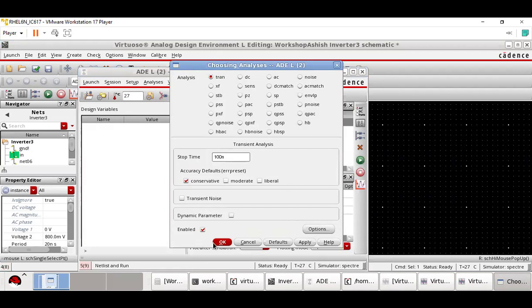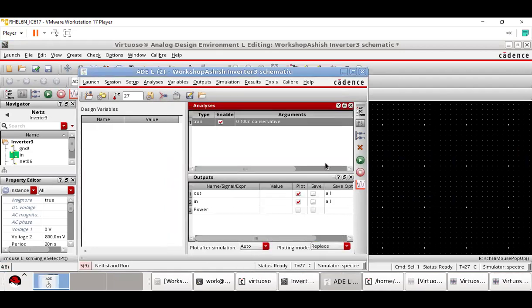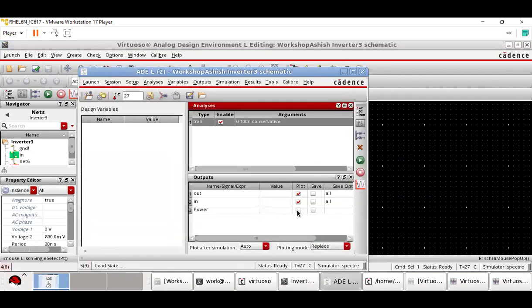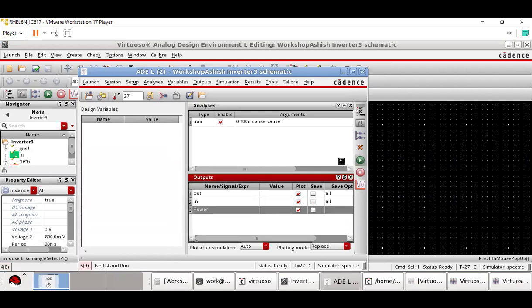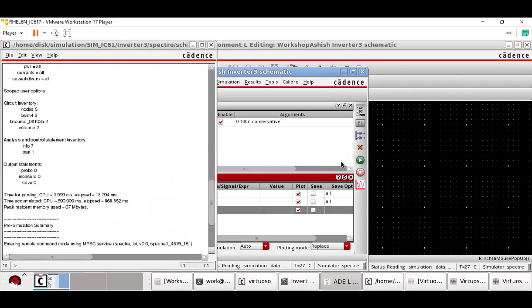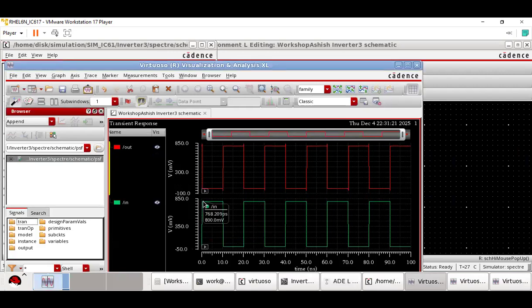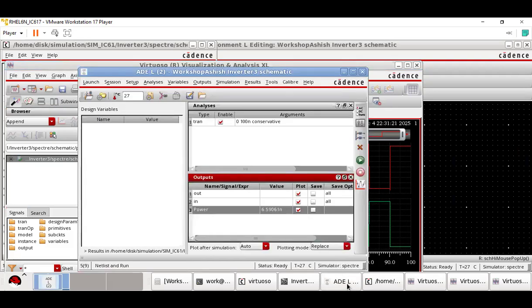Now I am taking this 100 nanosecond period and checking the power consumption. How many cycles do I have in this input? 1, 2, 3, 4, 5 cycles in 100 nanoseconds. I repeat, 5 cycles in 100 nanoseconds, and the power consumption is 6.5906 nanowatt.